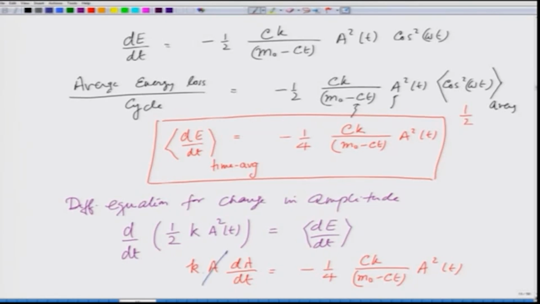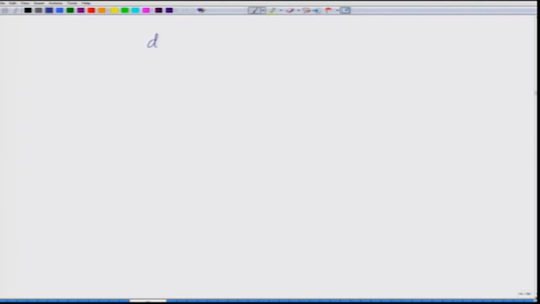So, this A cancels this square, and this k cancels this k, and therefore, I get dA/dt is equal to minus 1/4 c over m naught minus c t, times A. This is the differential equation for the change in the amplitude.